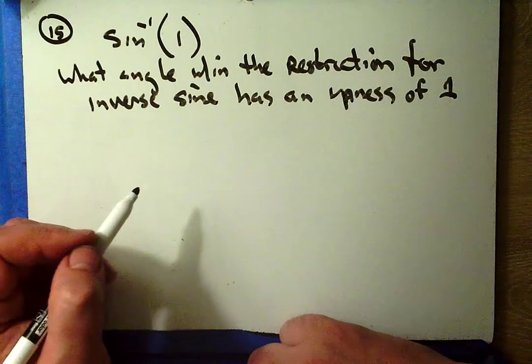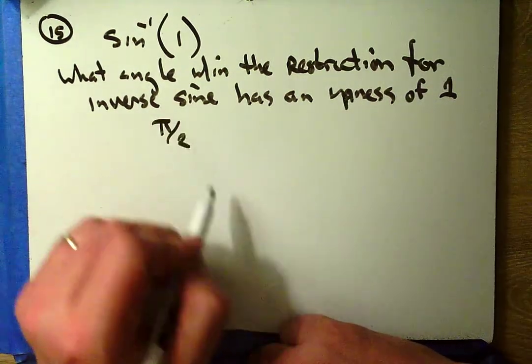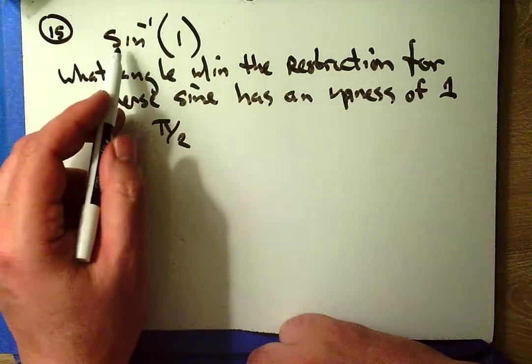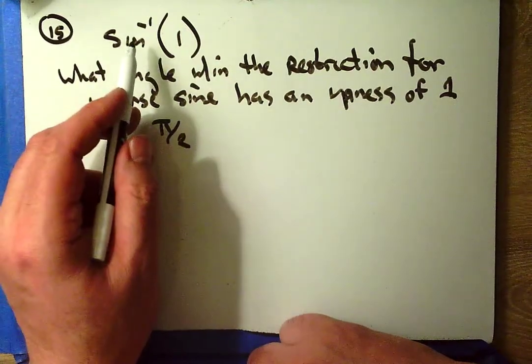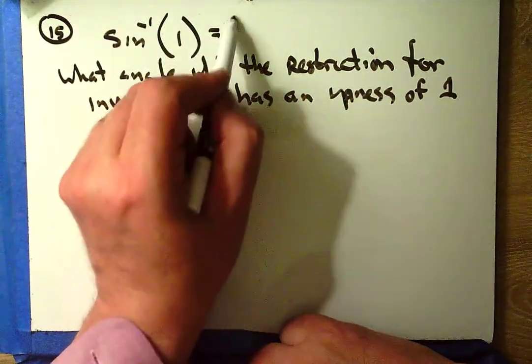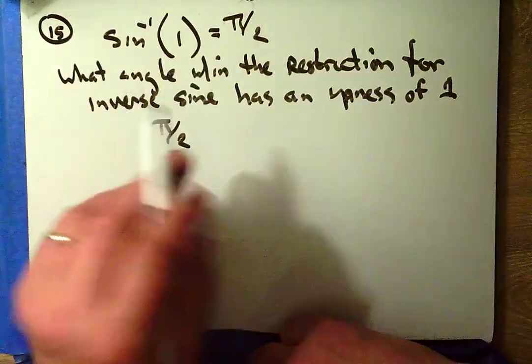Well, I know sine is equal to 1 at pi over 2, and pi over 2 is within the restriction of negative pi over 2 to pi over 2 for inverse sine. So this is going to be pi over 2.